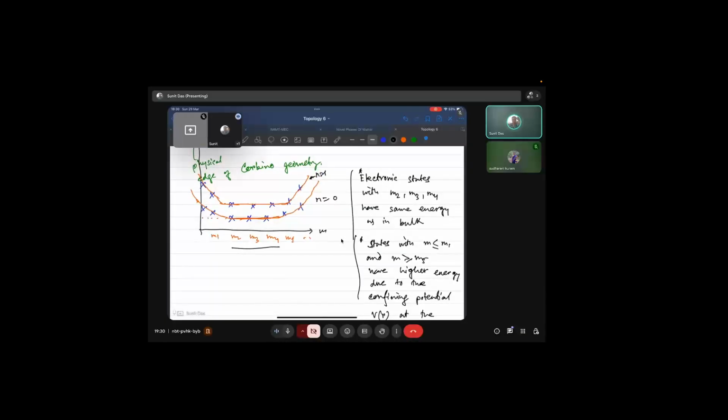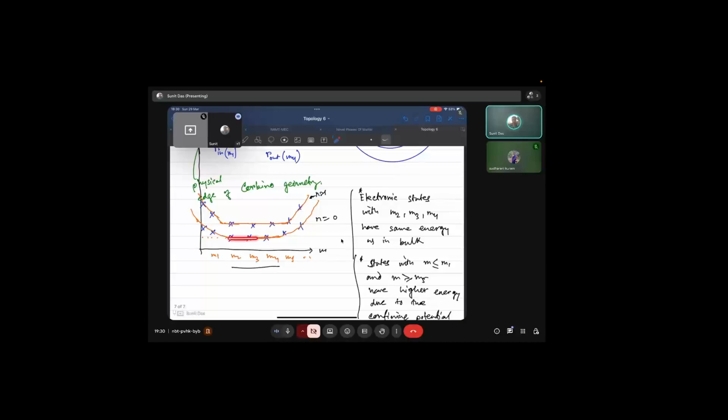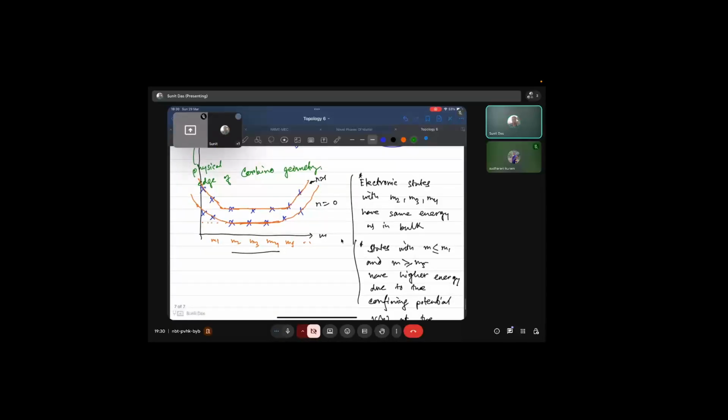So this is what is represented here: you have the same energy in the bulk, and the Landau levels bend towards the edge, and these regions are actually the physical edge of the sample. Now imagine you have a Fermi energy somewhere here, the chemical potential.